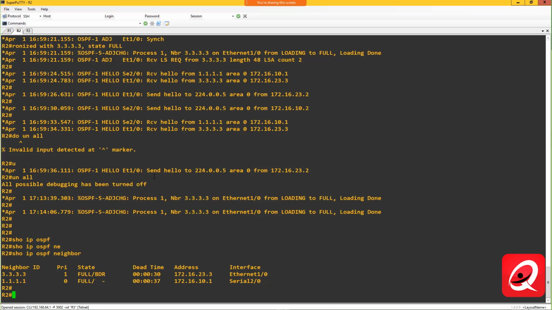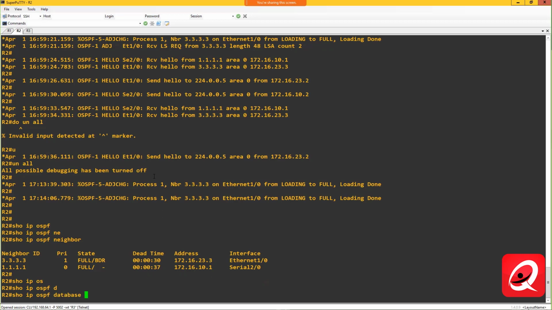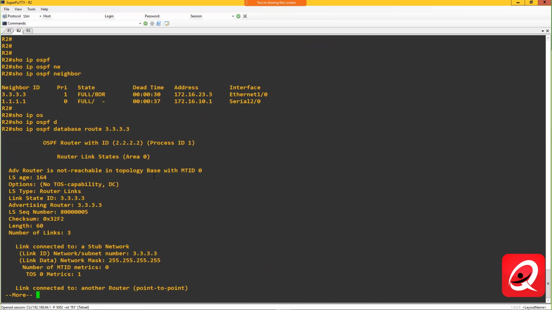All right, let's see, show ip ospf database. 3.3.3.3. Let's look at the router LSAs and see if there's a problem.